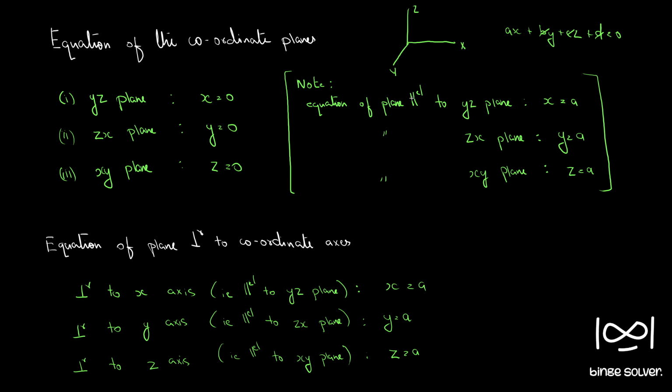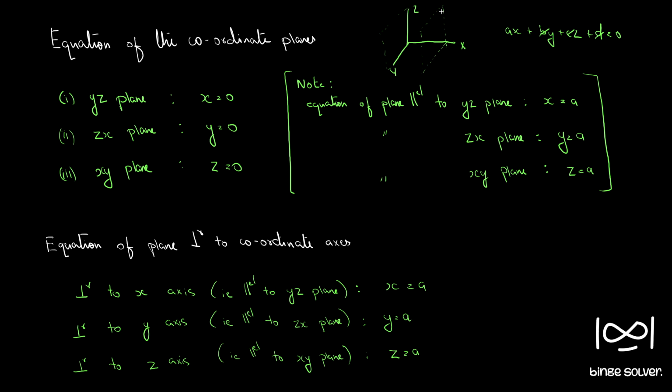So, the equation of a plane parallel to the yz plane. The yz plane is, as I said, we will construct a plane like this, which is parallel to the zy plane.